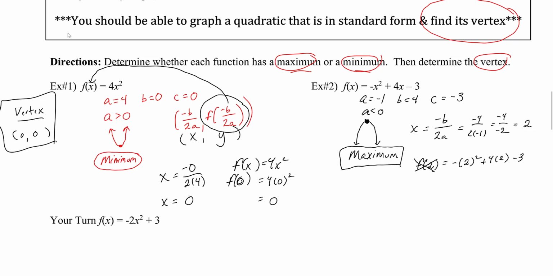But be careful here. I would encourage using the calculator to double check your work. 2 squared, by order of operations, is 4. But then you have to multiply it by that negative 1 out front. And then just a little bit of simple math from there. I'm getting 1. So the vertex for this problem is 2, 1.